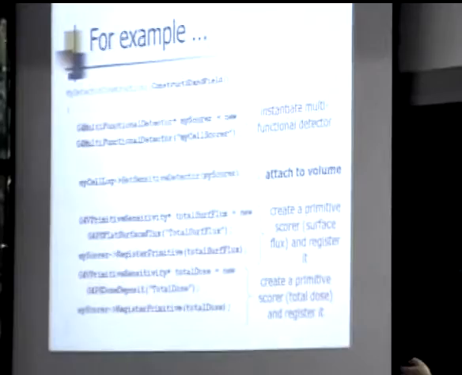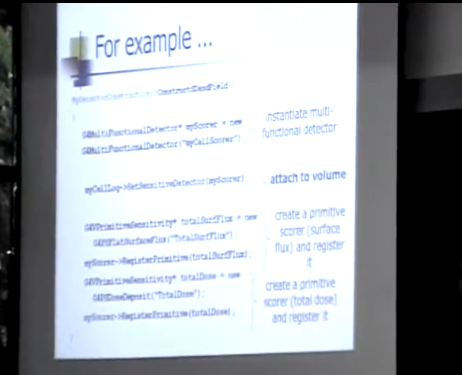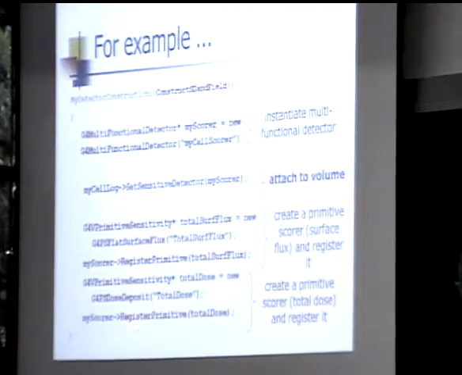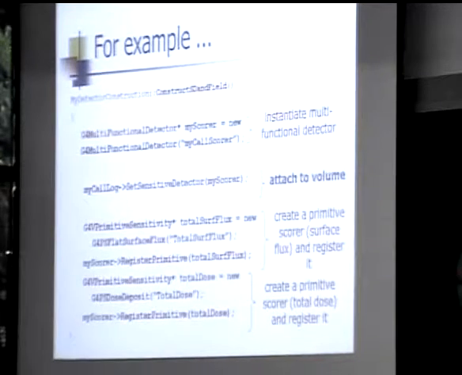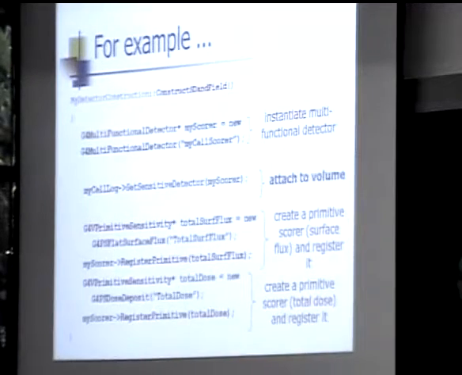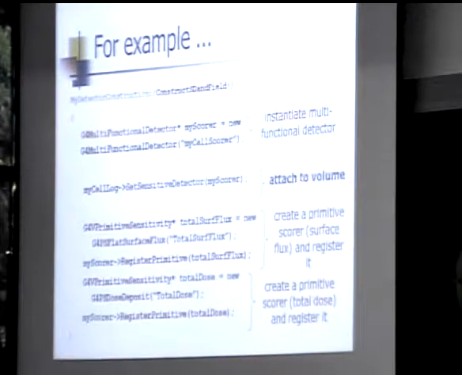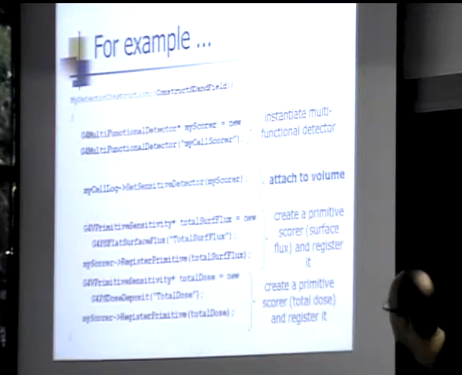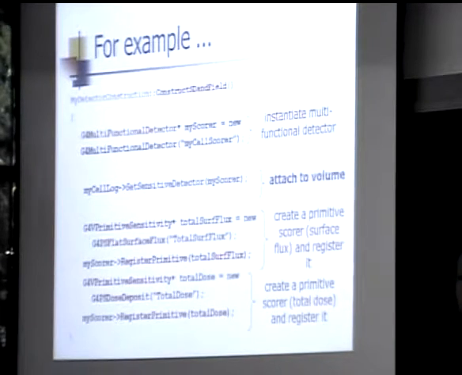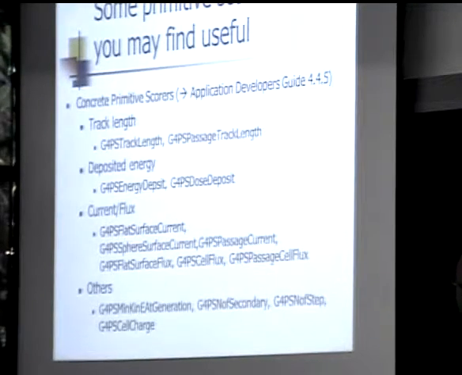So we have two quantities that are registered, the flux and the dose. This is the general way to do that, and you see it's only a few lines of code. You instantiate the multifunctional detector, you attach it to the volume that you want, and you specify the kind of quantity that you want to register.